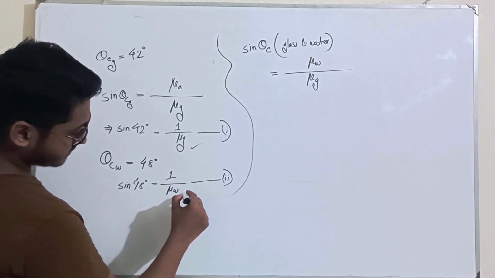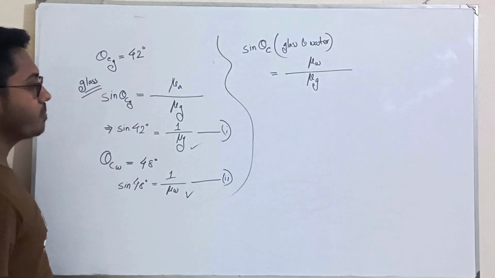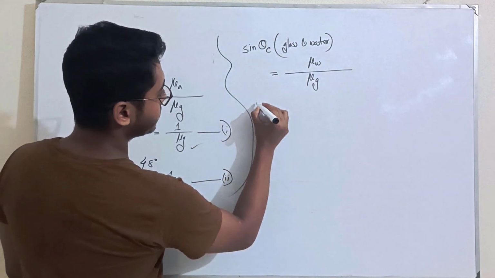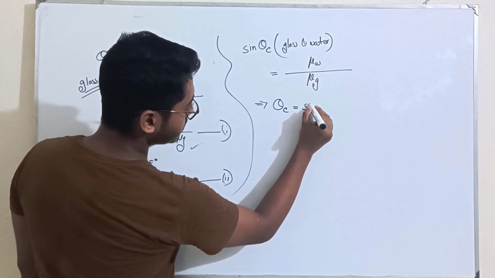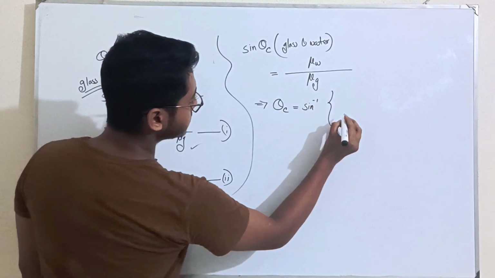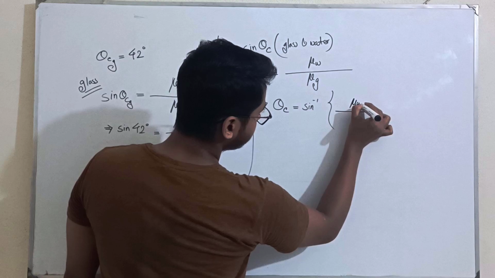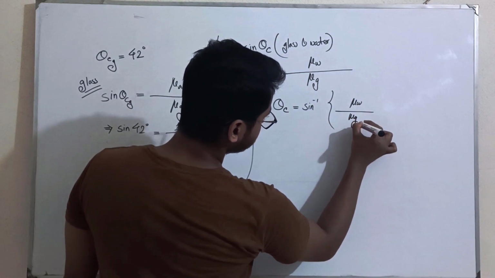From here we will get the refractive index of glass, and from here the refractive index of water. Put these values here, then theta c is equal to sin inverse nu w by nu g.